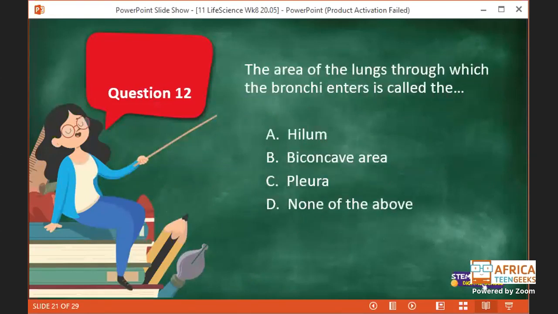Okay. Another question, the area of the lungs through which the bronchi enters is called A, the hilum, B, biconcave area, C, pleura, or D, none of the above. Send through your answers, guys.